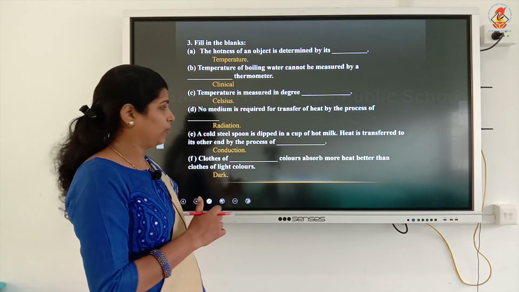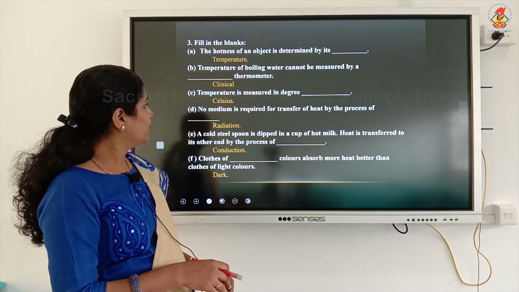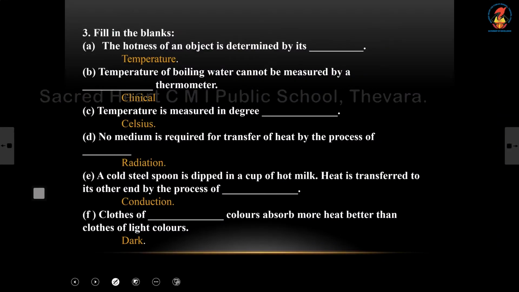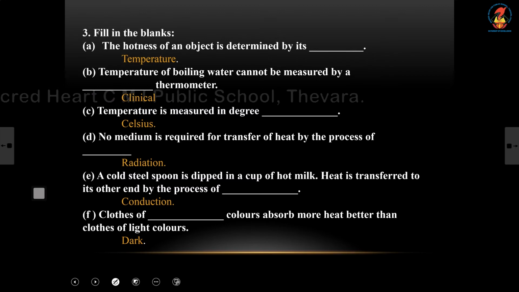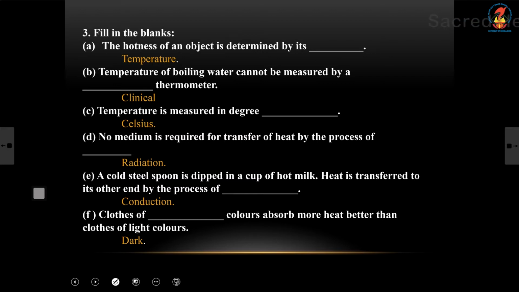A cold steel spoon is dipped in a cup of hot milk. Heat is transferred to its other end by the process of conduction. Clothes of dark colors absorb heat better than clothes of light colors. Dark color will absorb more heat than light colors.